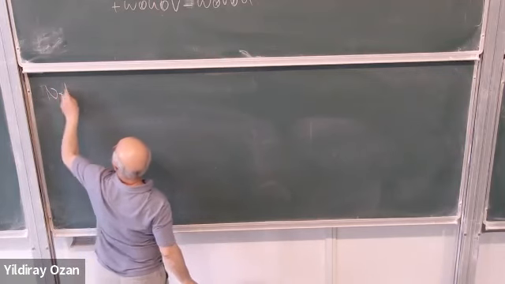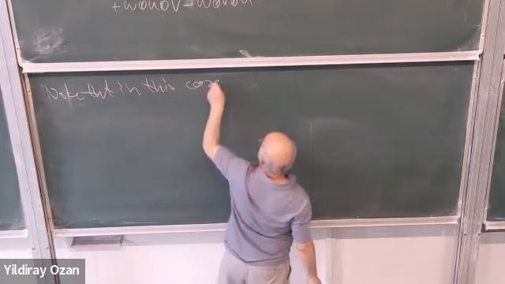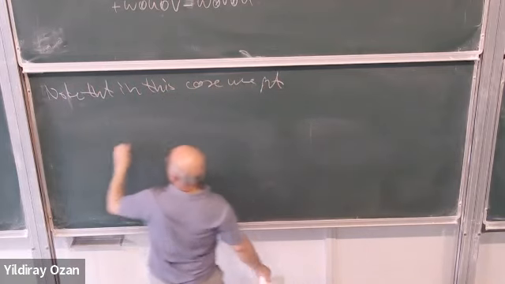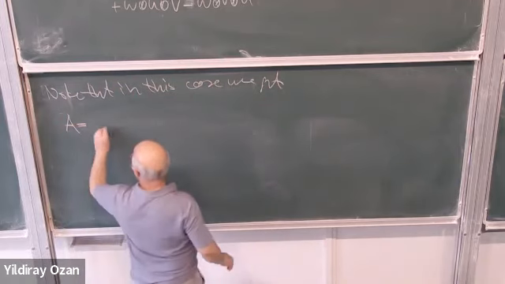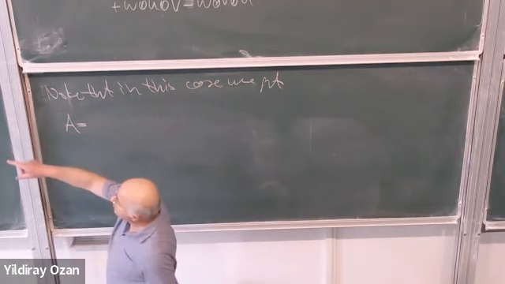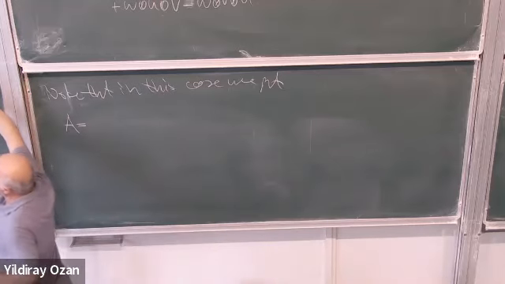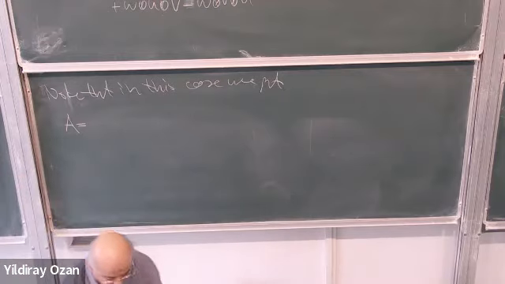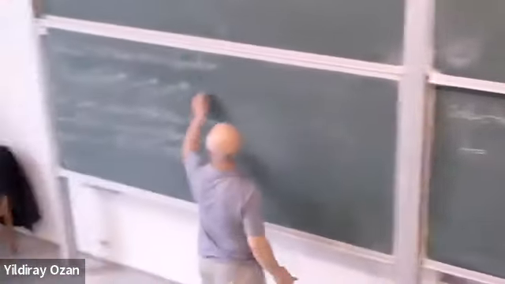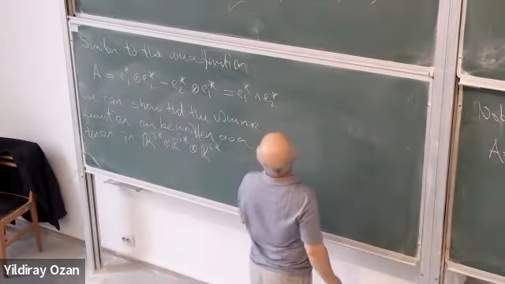Note that in this case we get, so area is just, it was this, right? Area was E1 wedge E2, sorry. Okay, let me write here. What is this? This is just E1 star wedge E2 star.